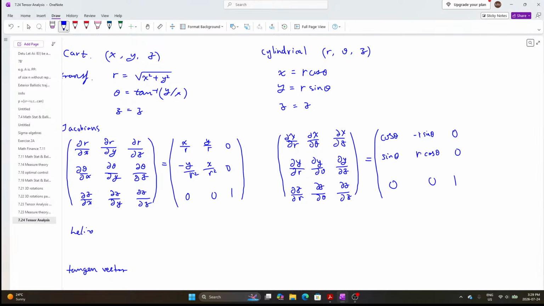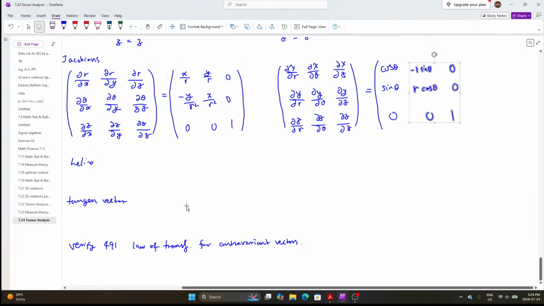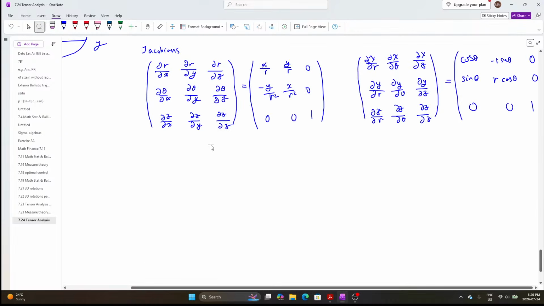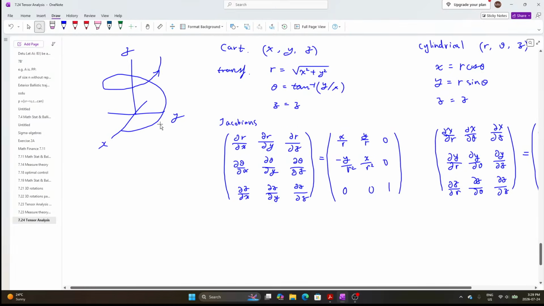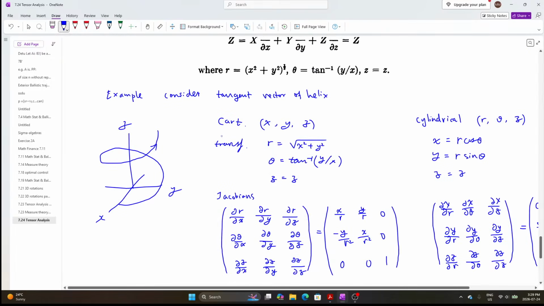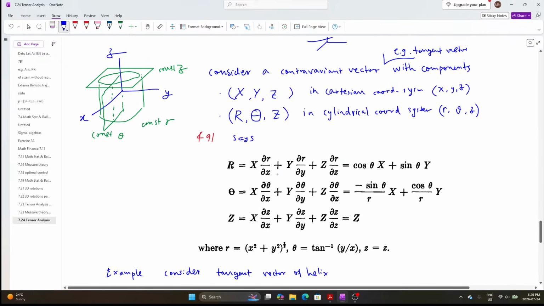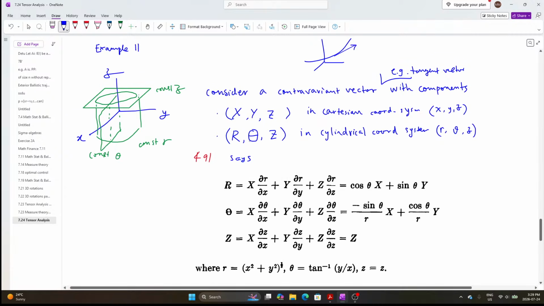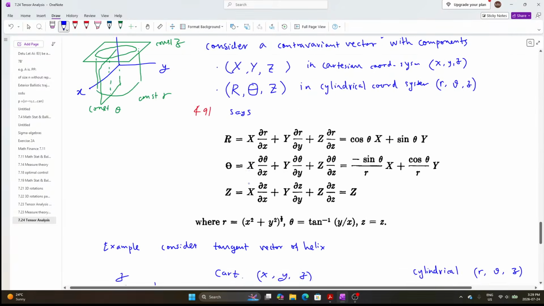And then right after that, we can state what 491 says. You have the Jacobian. You can now write down the transformation law. Given x, y, z, and r, theta, z, how should things transform?